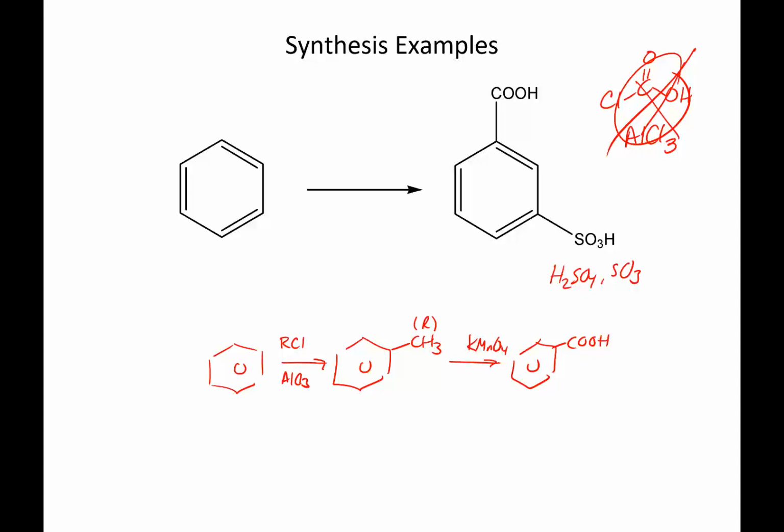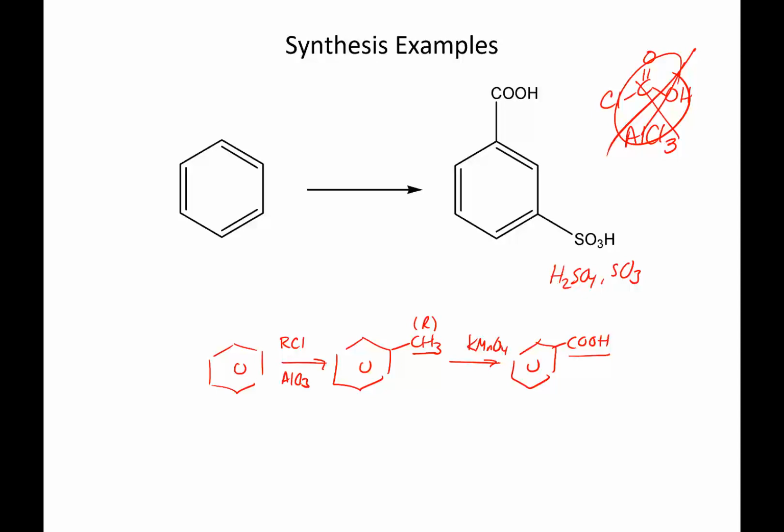And I'll also point out at this point that this method, the first group I added was an ortho-para director, and I ended up with a meta director on the ring. So if you were trying to make a product where the two groups were ortho to each other, but they both ended up being meta directors, this is an example where you put on an activating ortho-para director first.